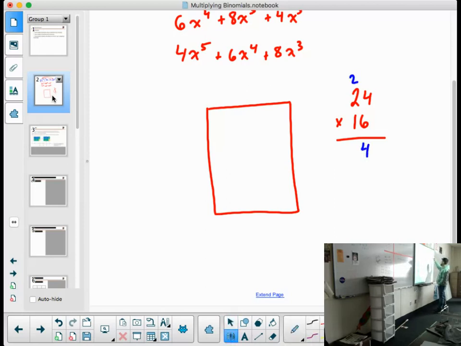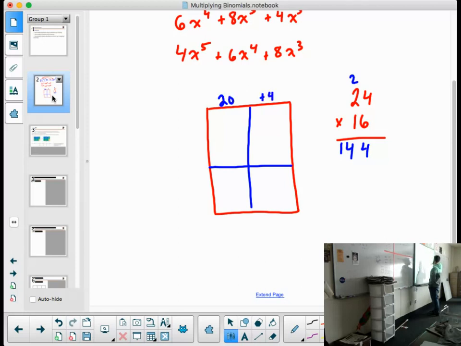Put the 2 up here and work it that way. Another way to do this multiplication is to identify it like an area model, where the 24 could be written as the sum of 20 and 4. The number 16 could be written as the sum of 10 and 6. And then really just finding the area of each square, adding them all up, you get the multiplication.